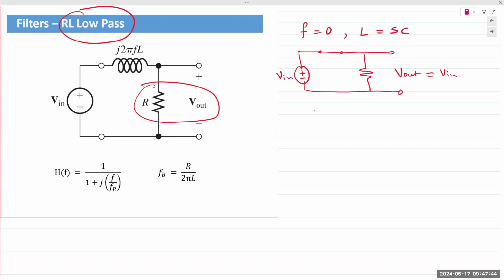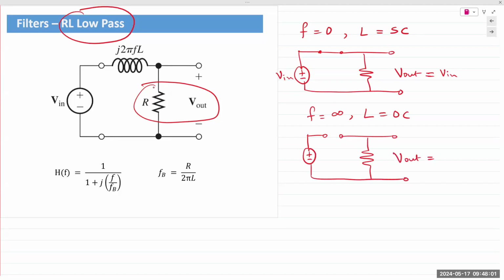And at high frequencies, the inductor behaves like an open circuit. And so high frequencies are blocked, no output. Hence, this works as a low pass filter.